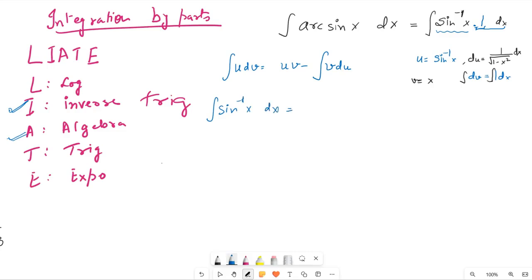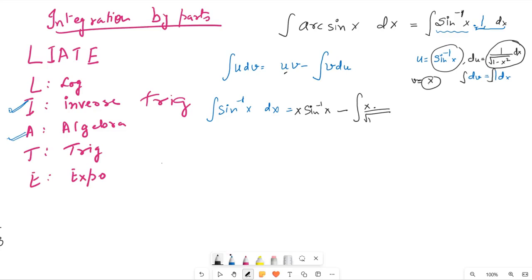Now we have made it u dv using our function. It is equal to uv. What is u? Sine inverse x times v. I'm going to write v just in the front. Minus integral v. V is x times du. Du is this whole thing.